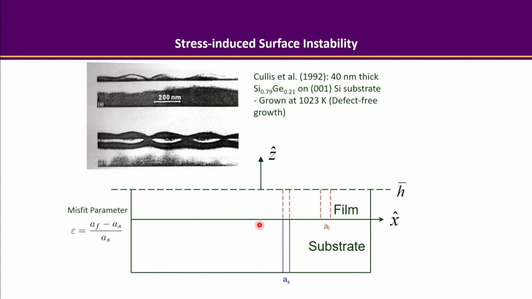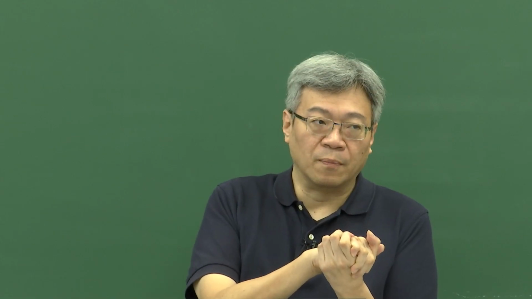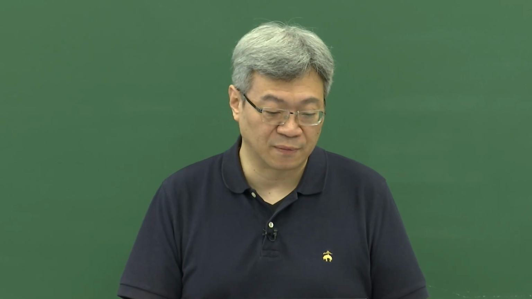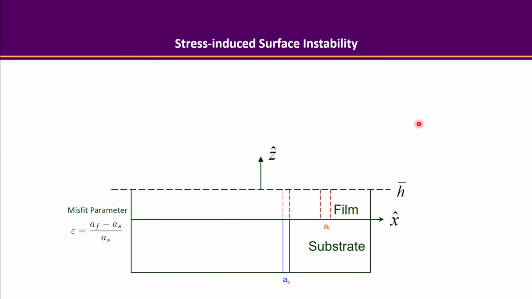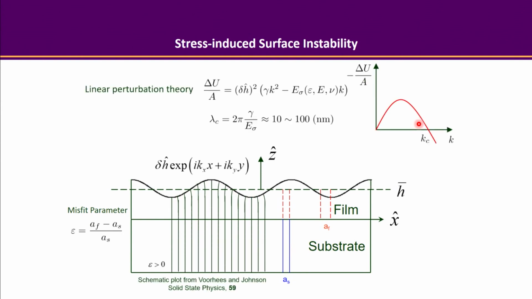So you are going to expect that as the film thickness becomes larger and larger, there'll be more and more elastic energy stored in the film, right? And to a certain point, the energy will be too large. And if there is a small undulation on the surface, like this, what's going to happen next is, if you watch what happens on the peak of this undulation, there is no lattice plane nearby on top of this undulation.